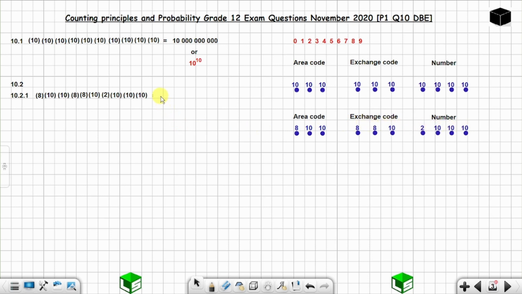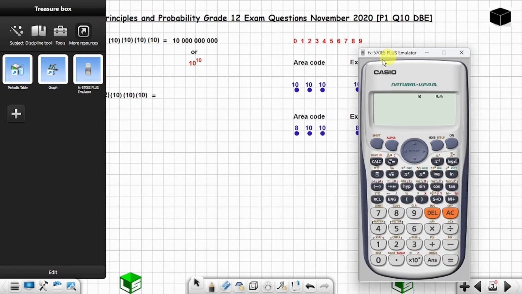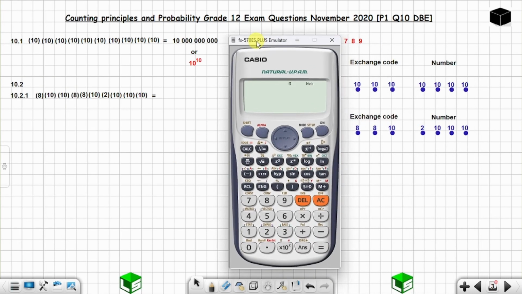This is equal to, use your calculator. So I have 8 times 10 times 10 times 8 times 8 times 10 times 2 times 10, 3 times.